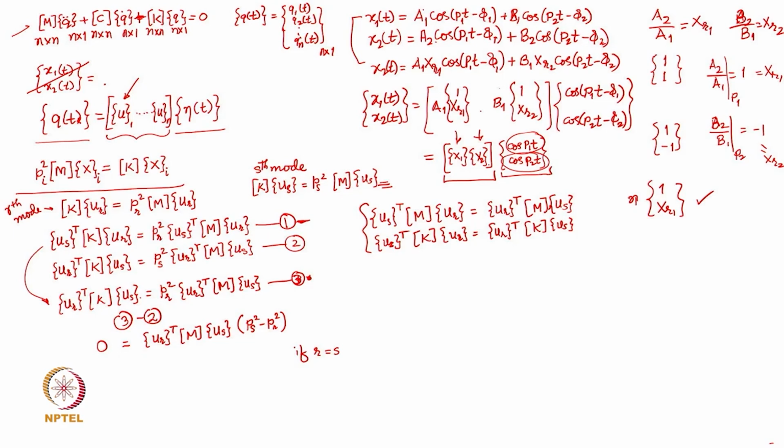So, when R is equal to S, I can write that this is not equal to 0, because this bracket is 0. And I can say that this is not equal to 0, but I can write that to be a quantity called MR. Now, what is MR?